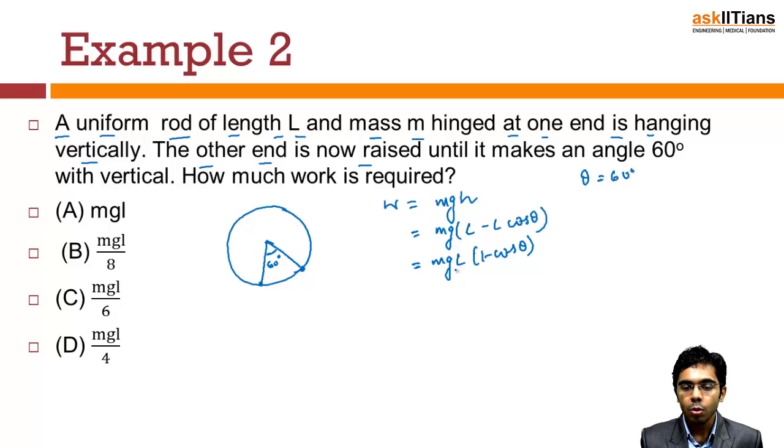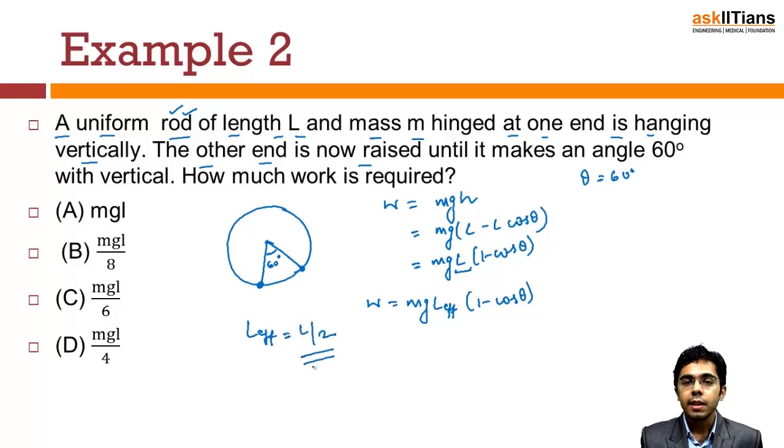One more thing to note: we are talking about a uniform rod of length L. This is not a point mass, but a rod having length L, a continuous body. So the work done will be mg L effective (1 minus cos theta), where L effective will be L by 2.